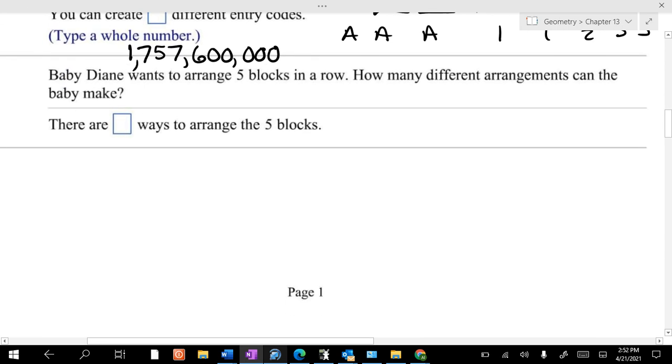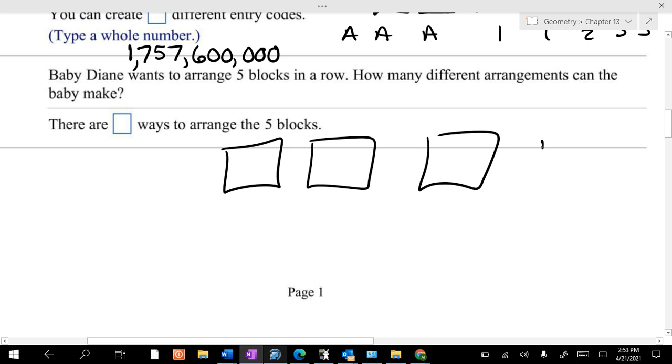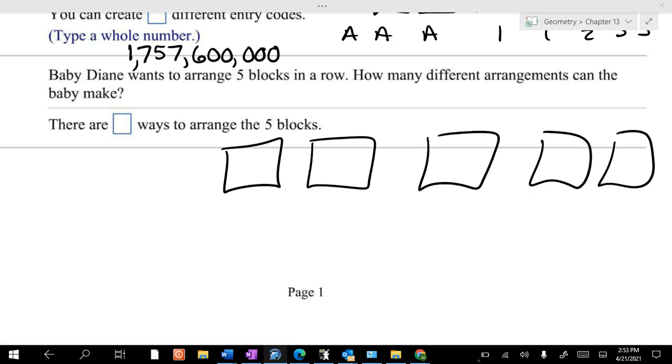Okay. Baby Diane wants to arrange 5 blocks in a row. How many different arrangements can she make? So there are 5 blocks. Once she places one, she's got the possibility of putting 5 different blocks there. Once that block is placed, how many different blocks does she have for the second one? 4.